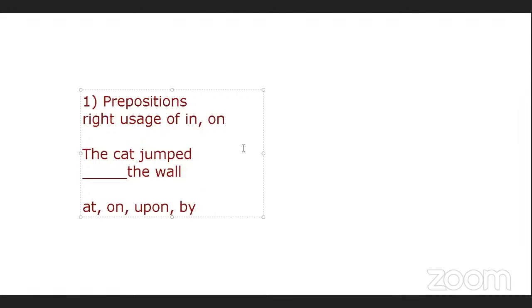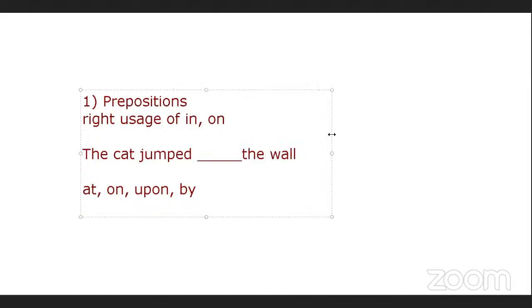What would be the right option? So we have some people saying it will be on, some say it's going to be upon. That's right. It will not be at, okay? The correct usage will be upon. Why upon? Among the options given, upon is the correct usage.